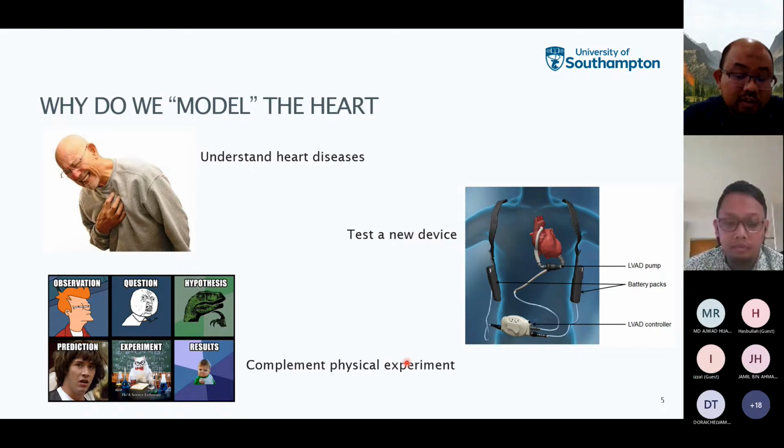You can take a piece of heart tissue, maybe from a cadaver heart, and put it on a tensile machine. That is possible, but that means you have to cut something. You have to be invasive. But with modeling, you can estimate the stress level without actually taking out the heart.